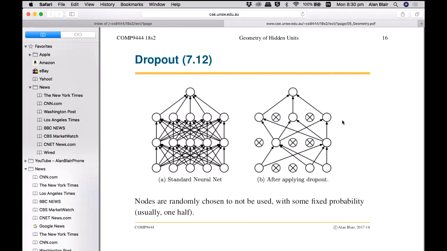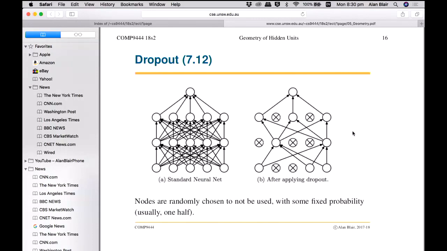There are certain neurons that sometimes fire and sometimes don't, but when they're not firing, other neurons kind of take over their role. So if you train the network with dropout, the network is never relying heavily on one particular neuron. If certain neurons are removed, it has to be able to function with the remaining neurons. So that's what happens during the training.